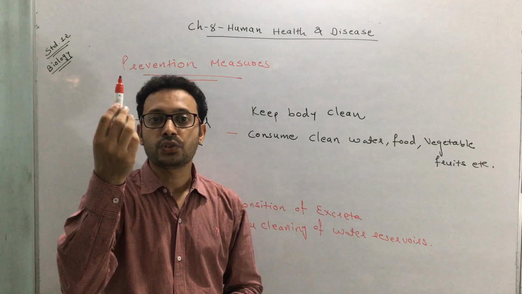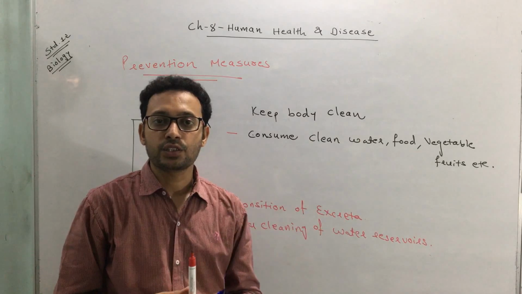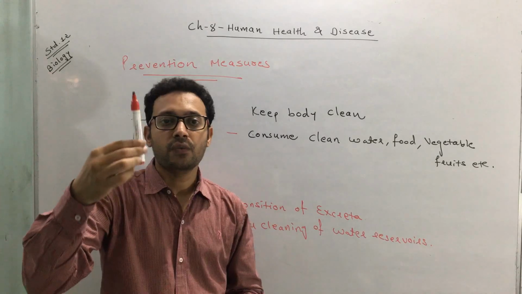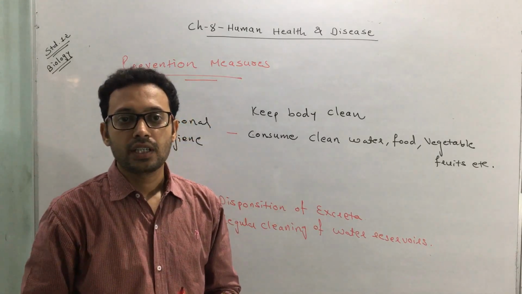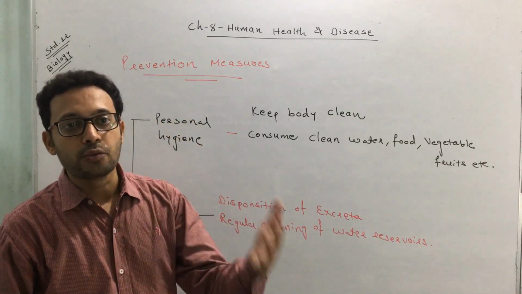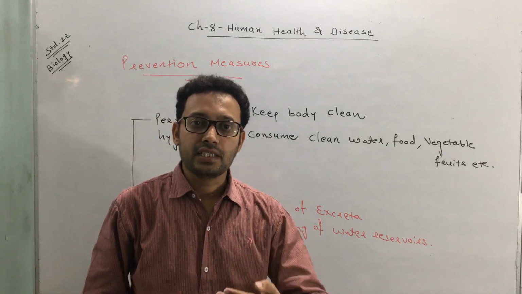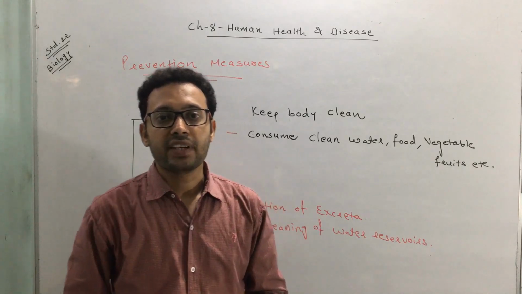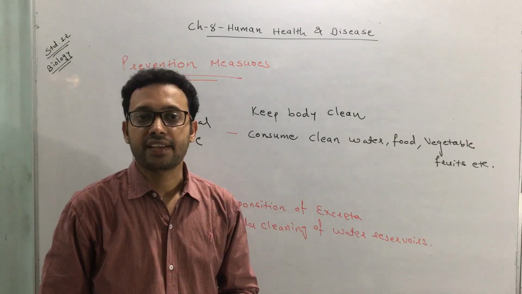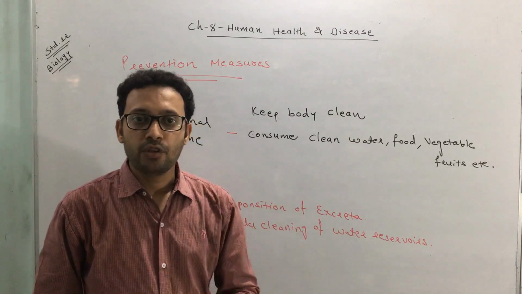Suppose a pen used by a person with a common cold: it should not be used by someone else, because it might carry common cold viruses, rhinovirus, which may affect another individual. So for diseases like pneumonia and common cold which spread by air, maintain distance from infected individuals and do not use their things. So that is about food and waterborne diseases and airborne diseases.